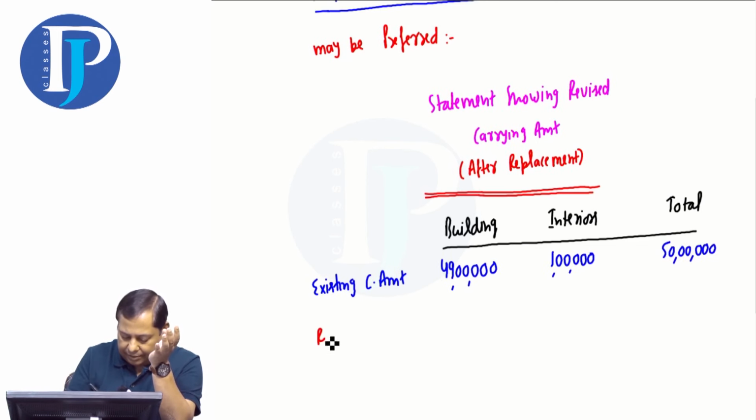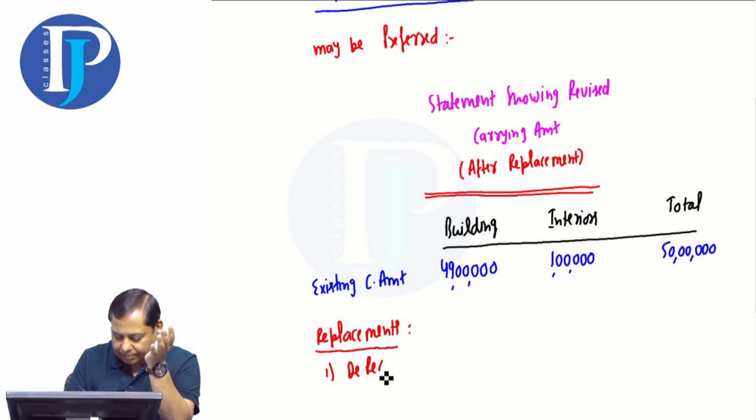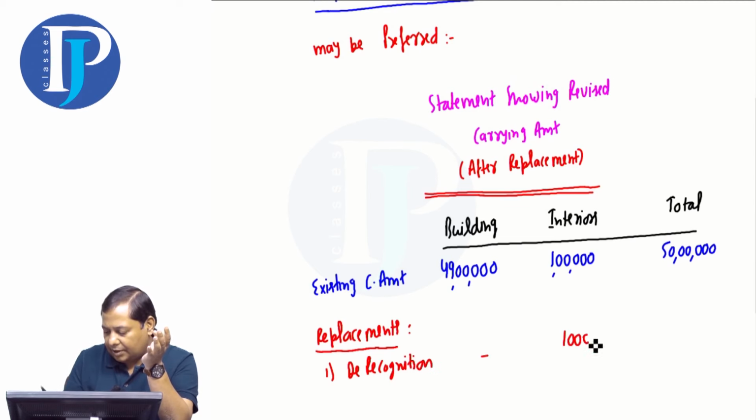Now do the replacements. So what will happen? First will be derecognition. We will remove the carrying amount of 1 lakh.